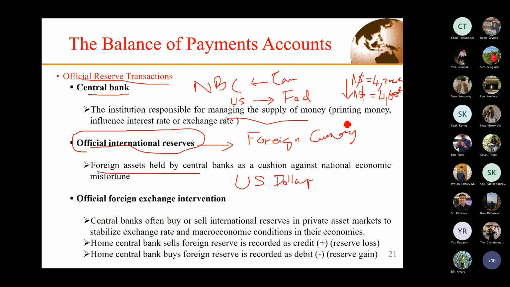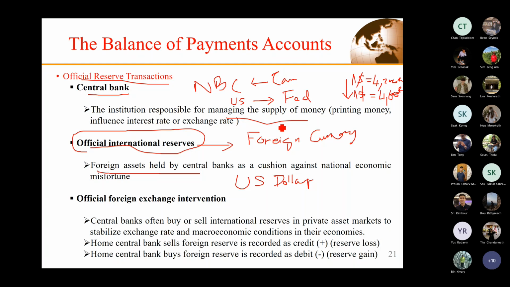That's why the US always accuses China of trying to influence its own currency. We will talk more about these interventions in detail in a subsequent chapter. But for the time being, it's enough to say that the official reserve is quite important. It has a key role for the central bank to influence the exchange rate. That is what you need to know about the official reserve.